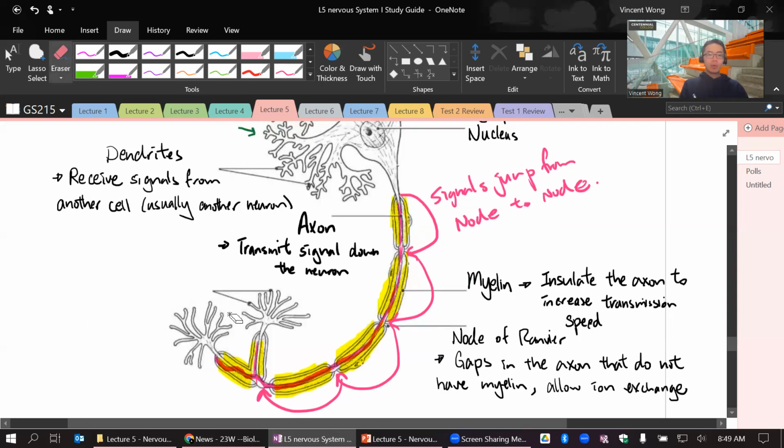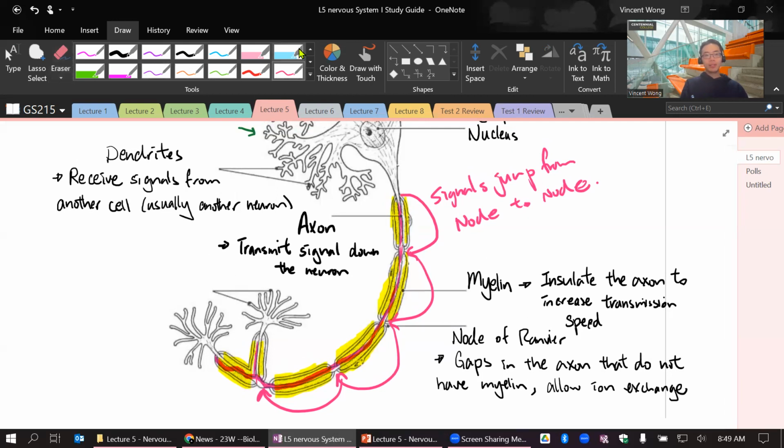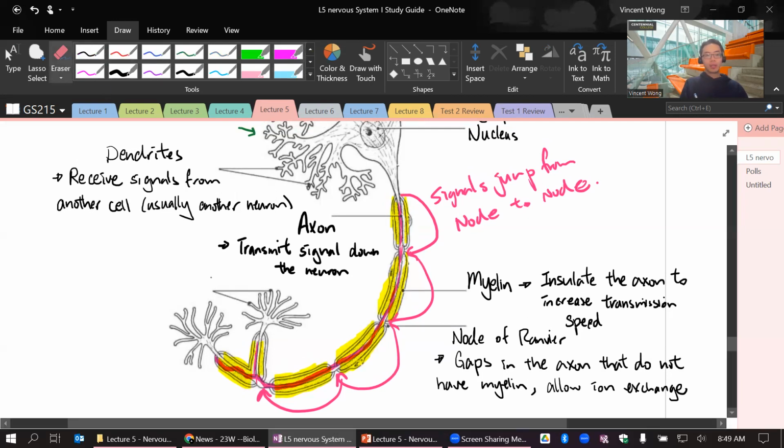So at the end, we have these terminal ends. Okay, we call them the axon terminal. And the function of the axon terminal is to send signal to another cell.